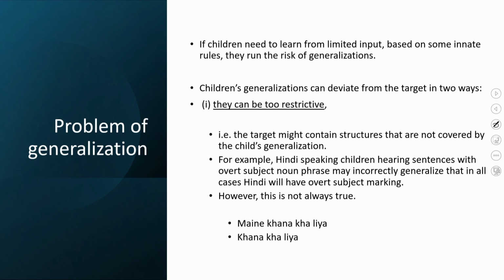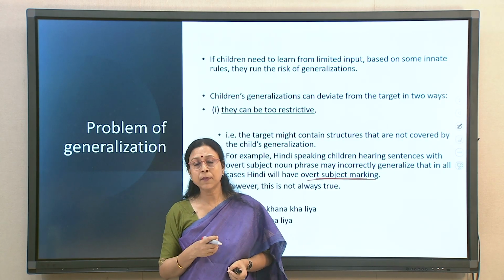Right. This is the case with many other languages also, but Hindi is closer home. So, if the child is hearing sentences in the input where the subject is always overtly marked, the child is producing the generalization thinking that this is the only way of using Hindi sentences. But this may or may not be the case.